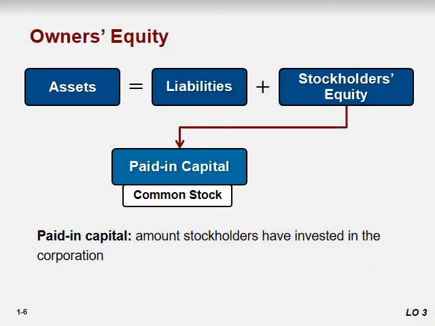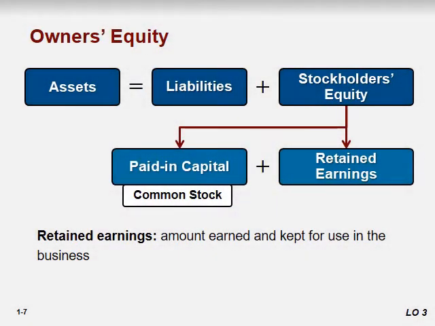This slide basically presents the definition of paid in capital: the amount stockholders have invested in the corporation, which we also call common stock. And retained earnings: the amount earned and kept for use in the business.